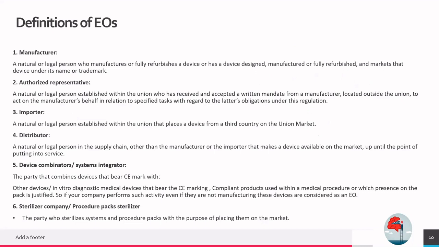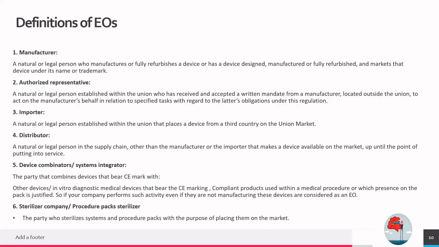Now the definition terms which we have learned just before, how they come into our main economic operator definitions, just observe. What is a manufacturer? A natural or legal person who manufactures or fully refurbishes a device, or has a device designed, manufactured, or fully refurbished, and markets that device under its name or trademark, is called a manufacturer.